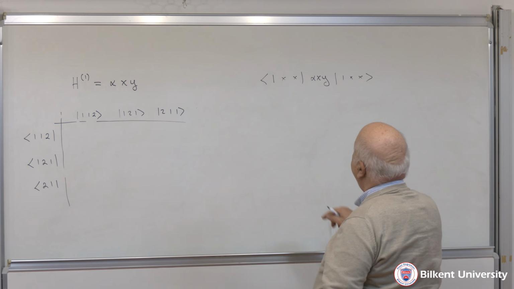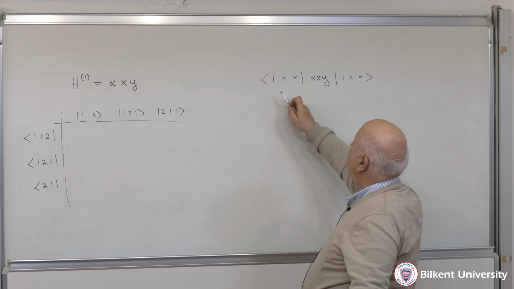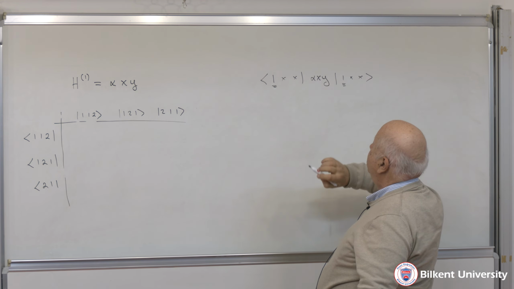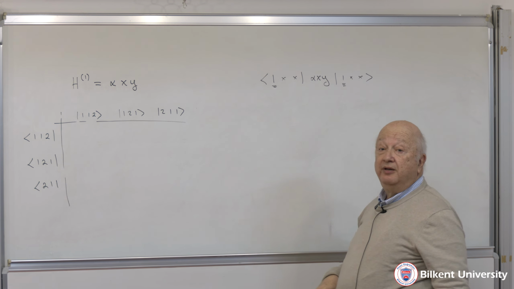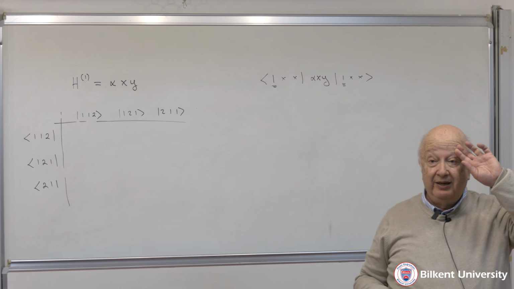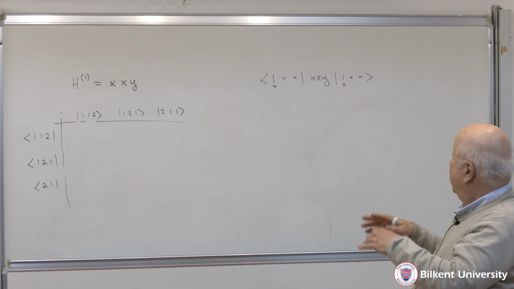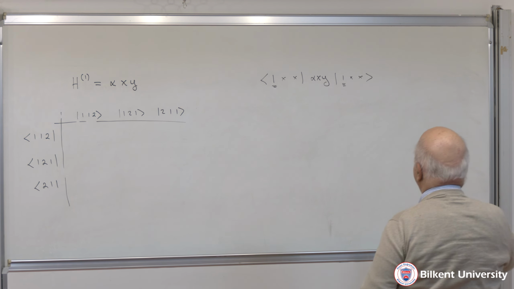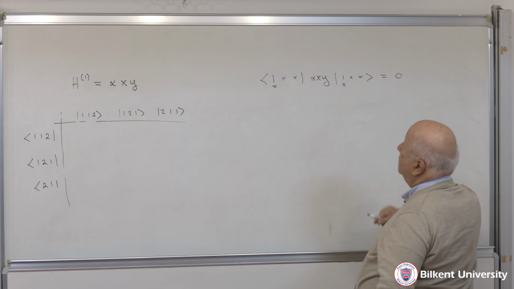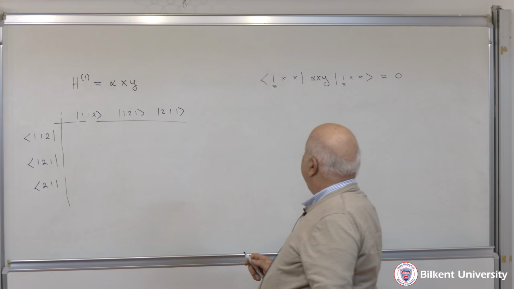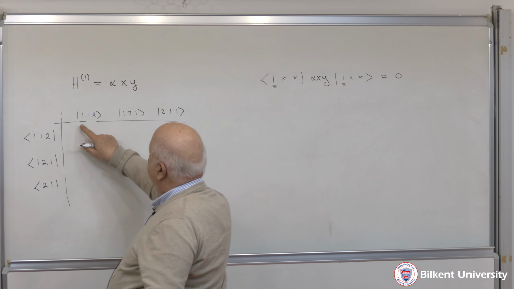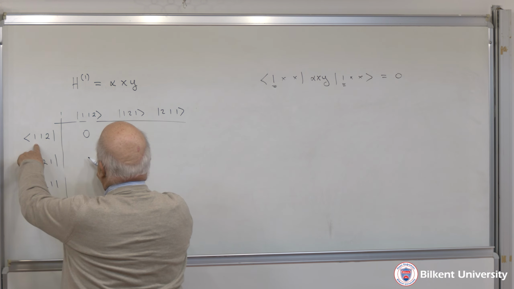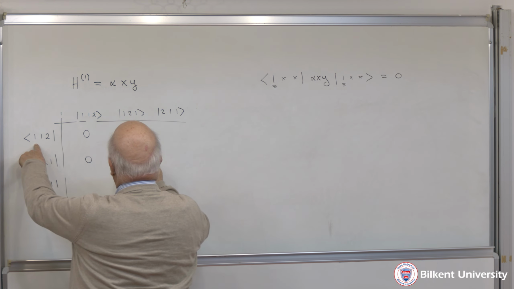That will give me 0. Why? Because this is just going to be a cosine function, this will be a cosine function. There's an x in between. In fact, I'm doing something like finding the expectation value of x. So that's going to give me 0. Anything that has 1 and 1 is 0.